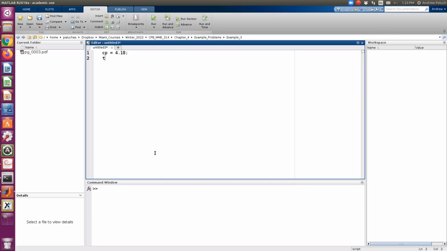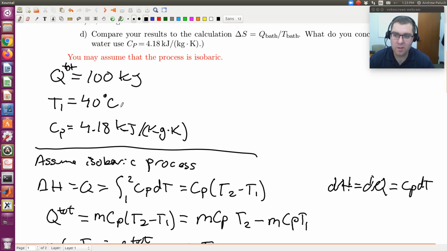T1 is 40, that's 40 degrees C, so I'm going to go ahead and add 273.15 to it. And let me spit it out so that I can write down what T1 is up here as well.